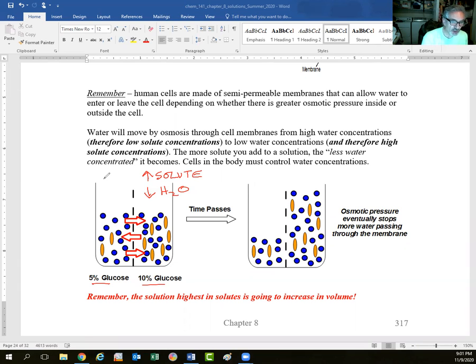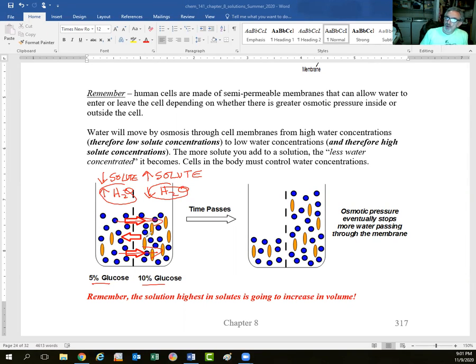So the 5% solution, which is the relatively low solute concentration compared to its neighbour, is therefore relatively high in water concentration. And the water can move back and forth, left to right and right to left, but it's going to predominantly move from left to right, from high water concentration to low water concentration. Think of the analogy like a waterfall, from high to low.